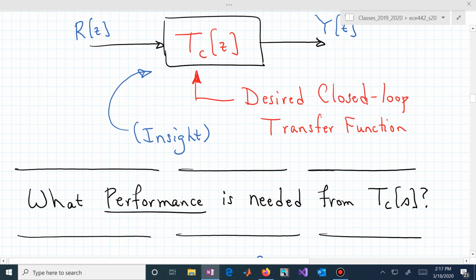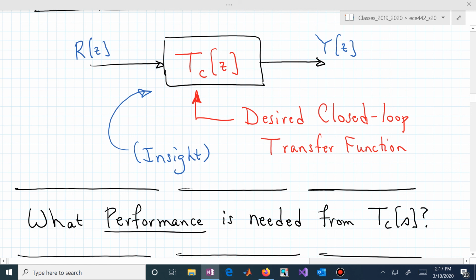So that's really the way that we will find these capital T sub C of z's: it's going to be based on the performance behavior that we want. Maybe we want the system to respond with a certain settling time, or maybe we want it to have a particular overshoot behavior. Maybe we don't want the overshoot to be more than 10%, or maybe we want it to get to our peak value very fast.